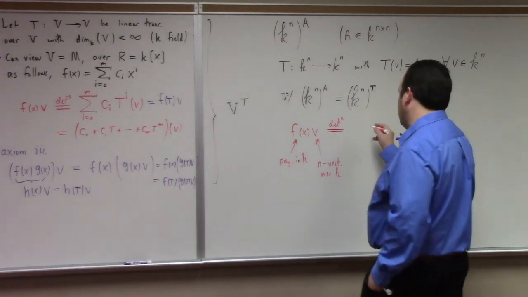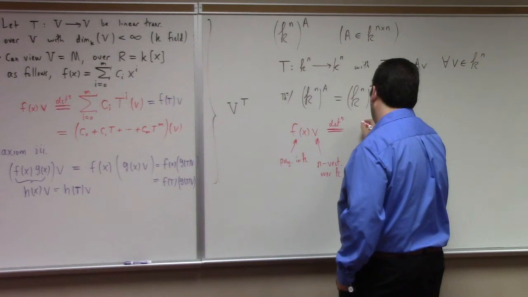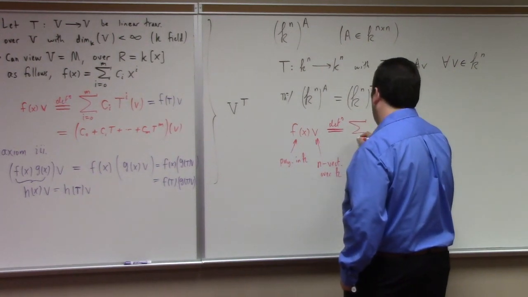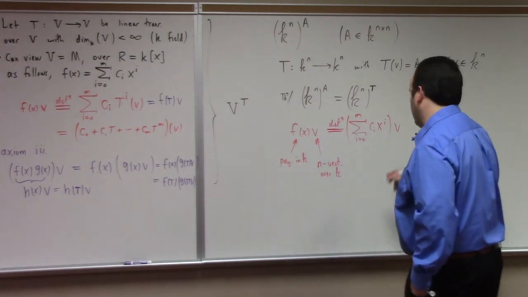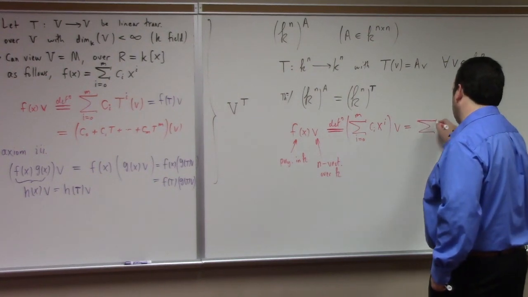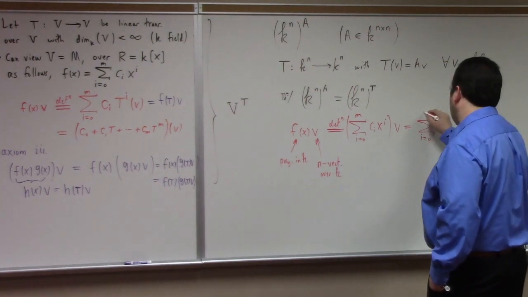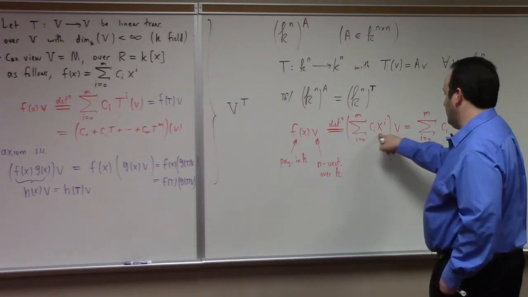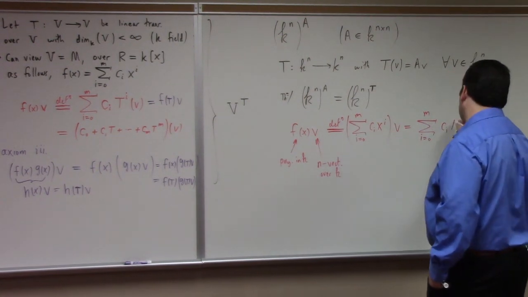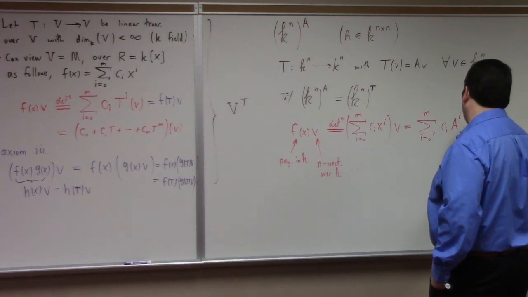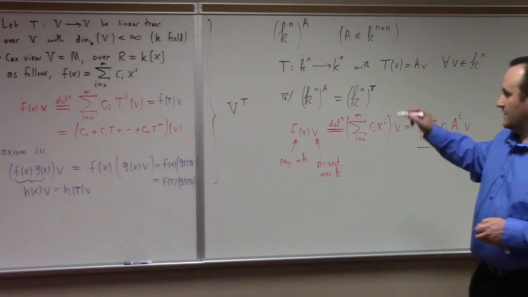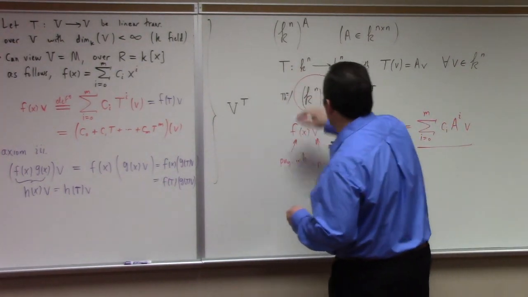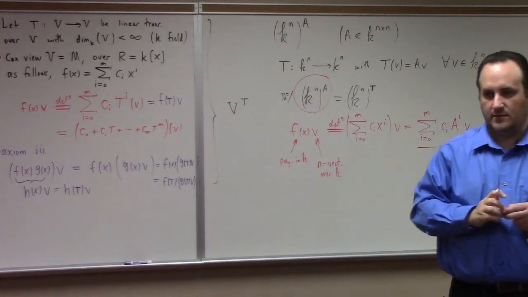How would you do it? Here I'll just write the sum from 0 to m of c_i x^i. Suppose that this is my polynomial explicitly, acting on the vector. I think if you're starting to get the idea here, we just replace x^i with A to the power i, right? And so that's what we mean by this module.